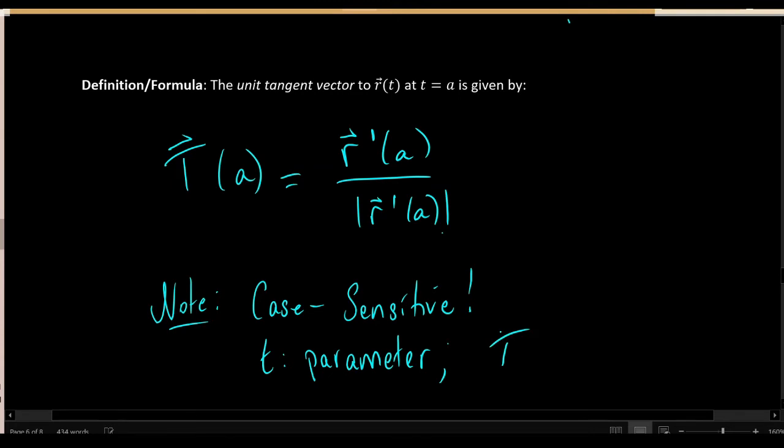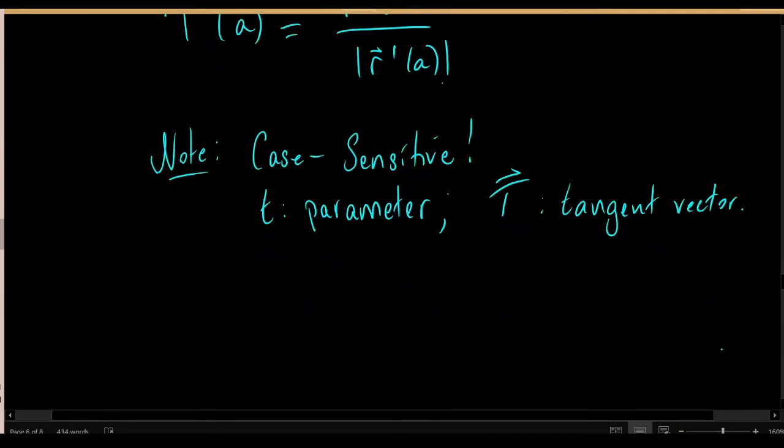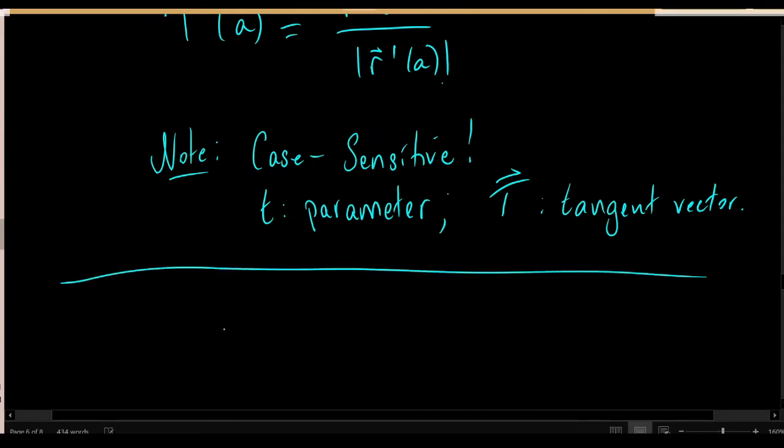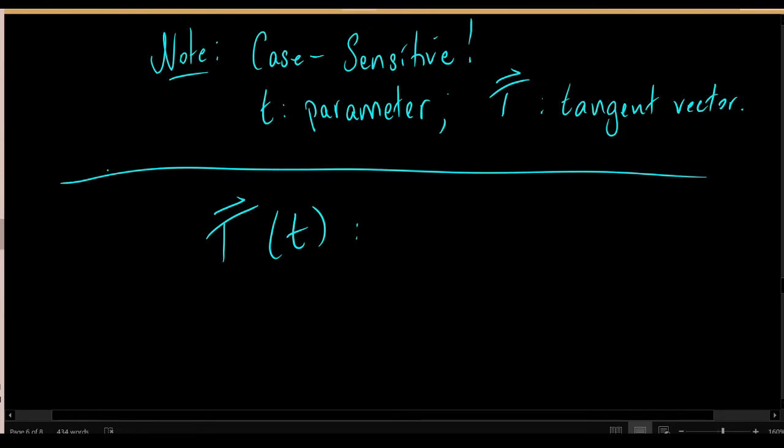Capital T is referring to the tangent vector, so totally different. And in fact, if you read our textbook, you're going to see this somewhat spooky expression, capital T of t, capital T with t plugged in. It is a reference to a vector-valued function which outputs the tangent vector at any given time.